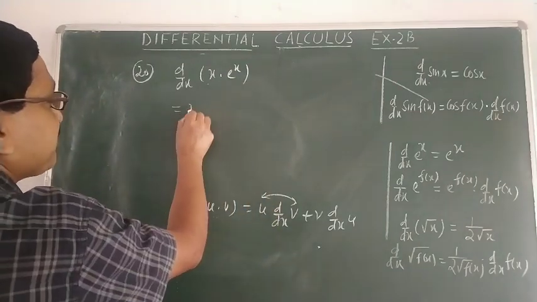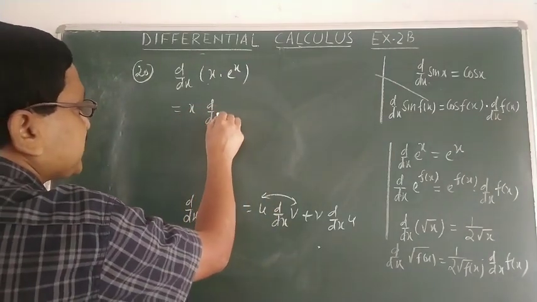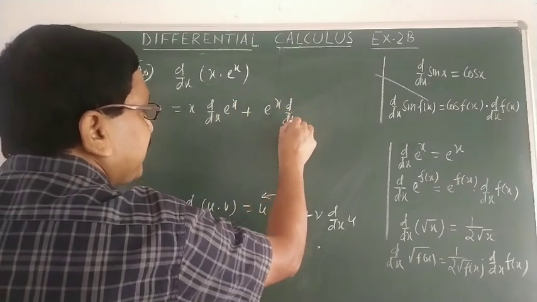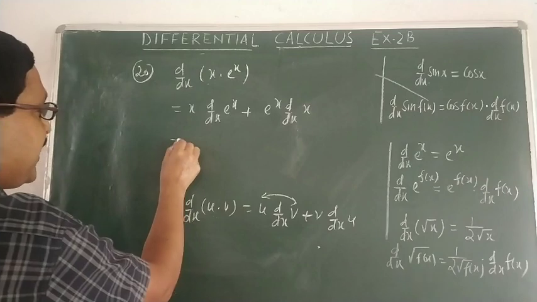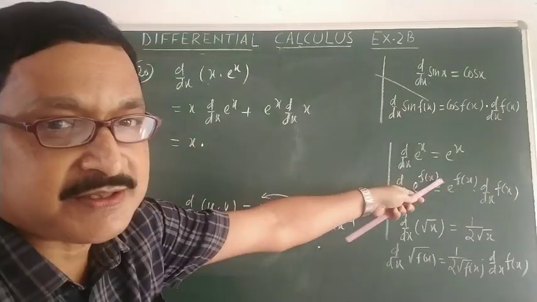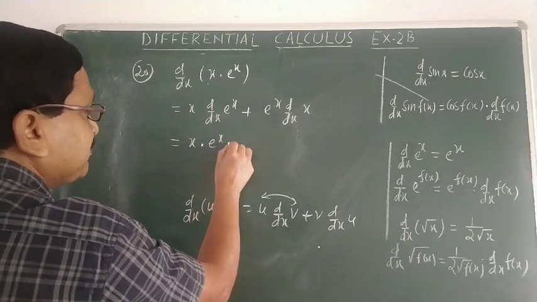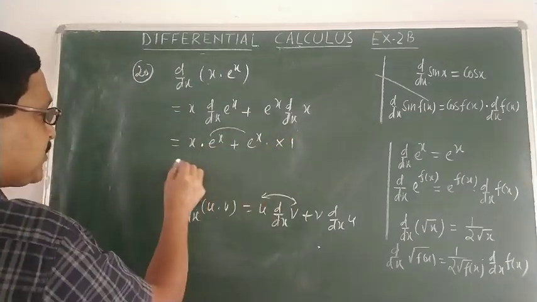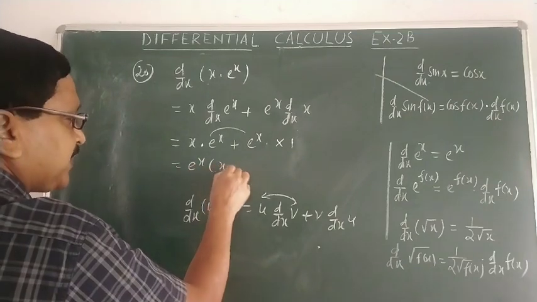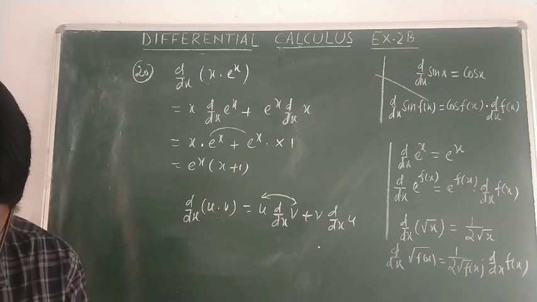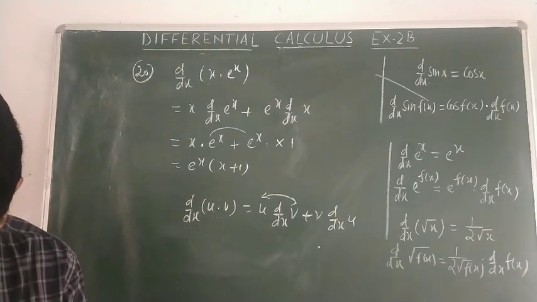First function into d by dx of second plus second into d by dx of first. Now this is x, and the differentiation of e^x is e^x itself. So this is x e^x plus e^x into 1. So you can take e^x common, so this is e^x (x plus 1). The answer is done. Now moving towards another problem.